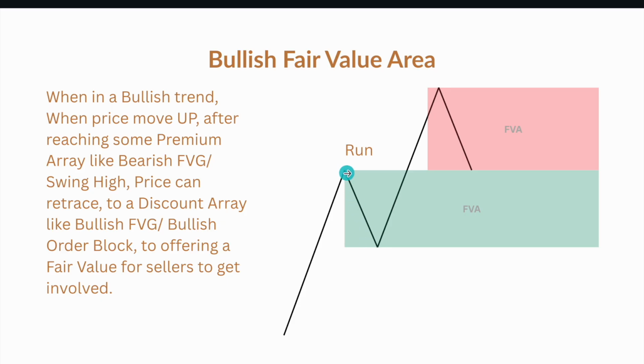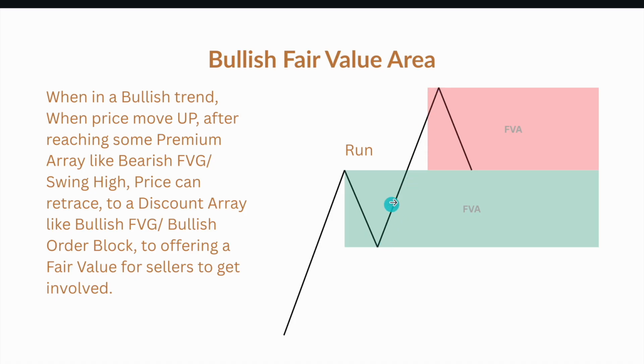Once the market has offered a fair value, price can again start in the original direction, or it may continue in the direction of the retrace. It depends on where the liquidity is or the market conditions or the market sentiments. But overall, once the market has offered fair value, price can continue in the original direction.